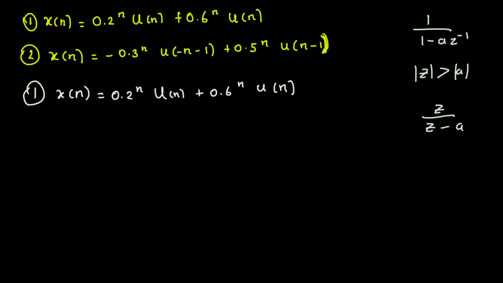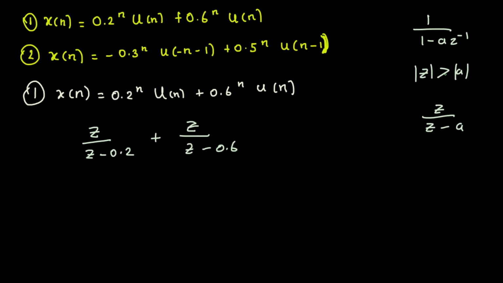So if I convert this into Z transform, it is going to be Z over Z minus 0.2 for the first one, plus Z over Z minus 0.6 for the second one.